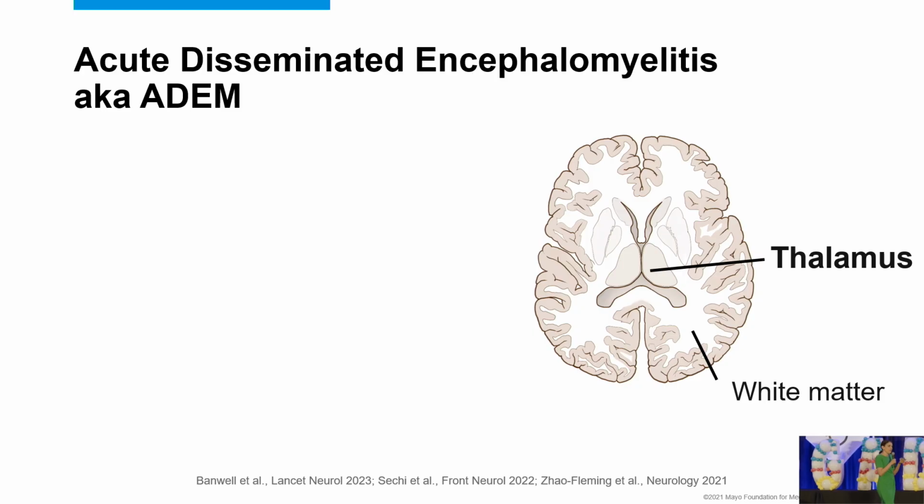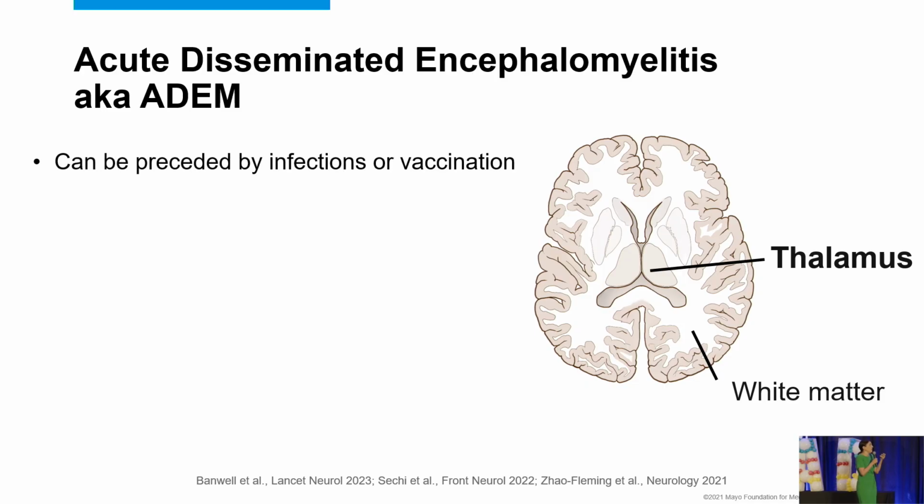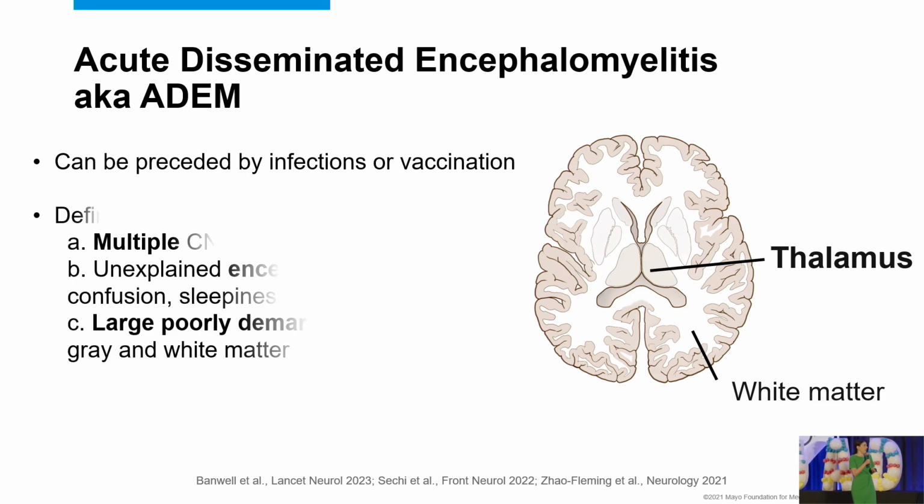The first type of manifestation that I will be talking about is ADEM, the acute disseminated encephalomyelitis. You see here the areas of the brain that can be involved. We have been talking about them before. Just as a reminder, sometimes we see in the history of the patient that infections or some vaccinations can precede this event.